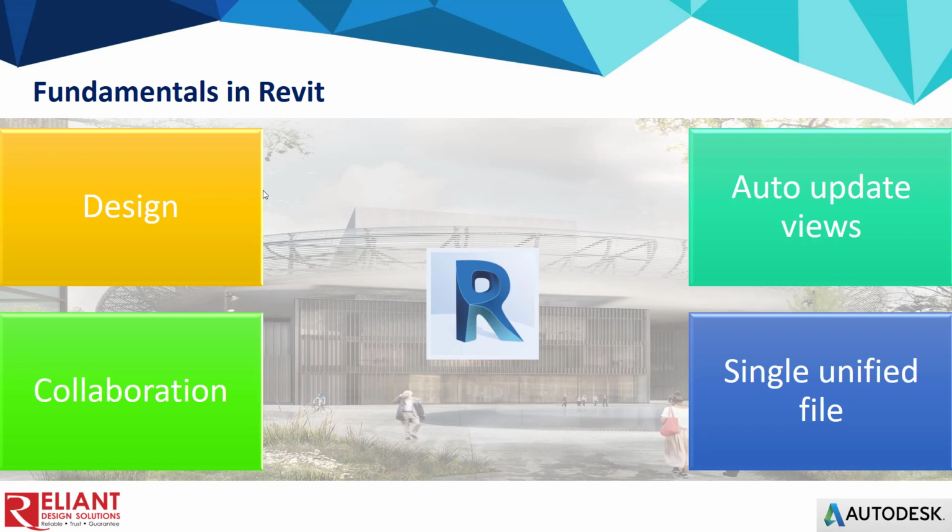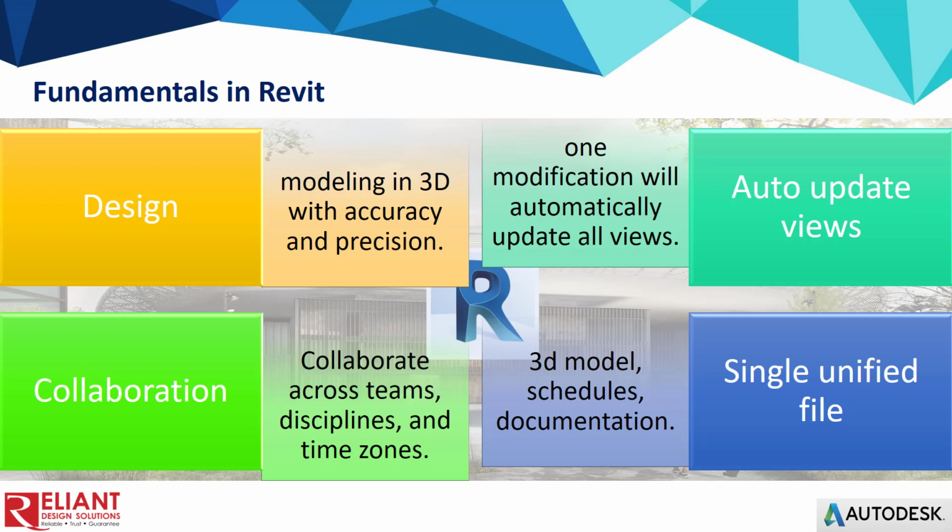First is design. Every element in Revit is represented as a model, which means basically the main purpose of Revit software is to design a building model in 3D. So every element in Revit is represented as a model, or the special term we call a family.